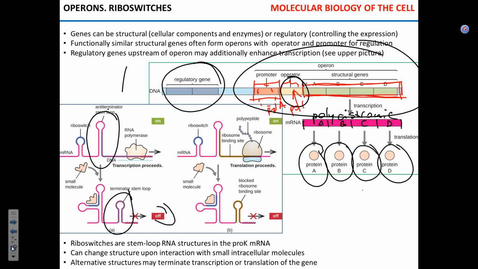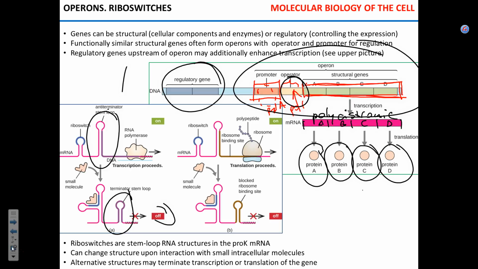So riboswitch can turn off, or it can turn on. Molecules can either turn on the transcription or turn off the transcription. Does that make sense?